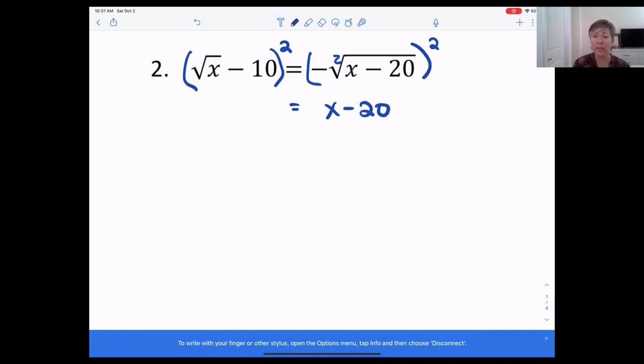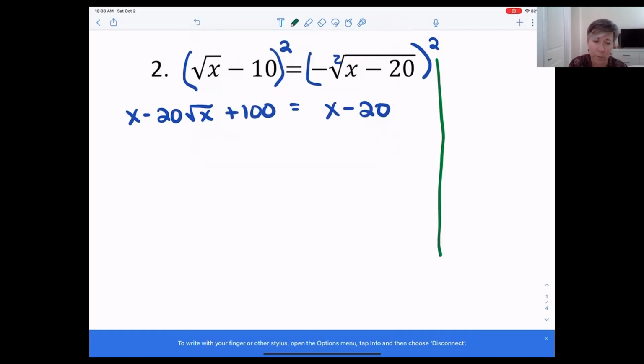But on the left, we would need to expand it. And that would give us x minus 20 square root of x plus 100. Now you may be wondering how we got that. So if you don't remember your binomial squares, then you can expand it.